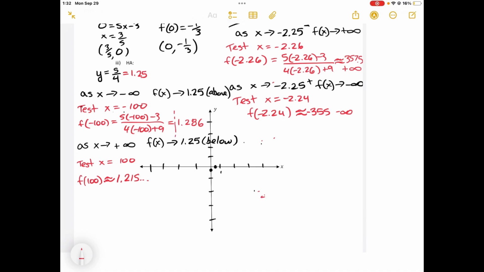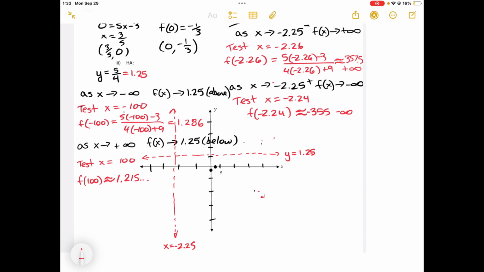So let's put on -2.25, which is right over here. I'm going to use a dotted line, and I'm going to label my asymptote. I'm also going to put on the horizontal asymptote at 1.25. Again, I'm using a dotted line. I go all the way across the graph, and I'm going to label my asymptote.